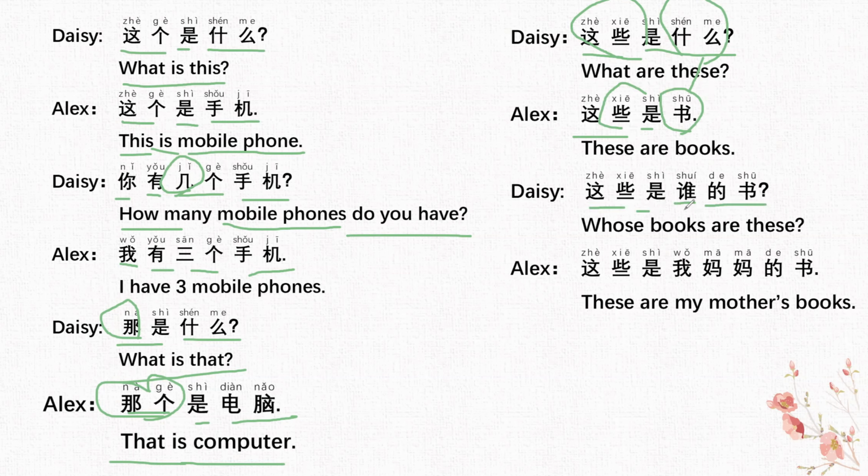You see, 谁 is who, right? Whose books are those? 这些是我妈妈的书. Those are my mom's books. You see, I only use my mom to replace 谁, who. The answer is my mom. The rest of the things, 这些是的书, keep the same, right?